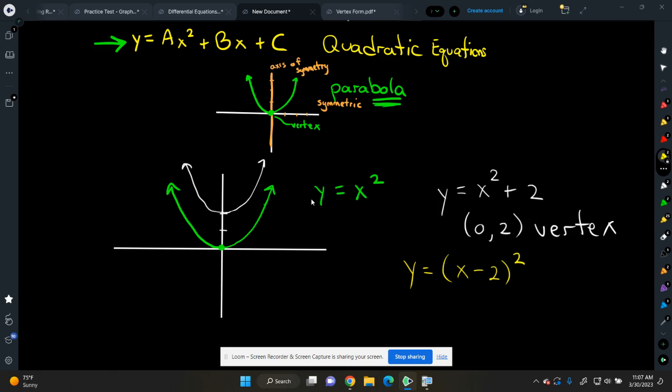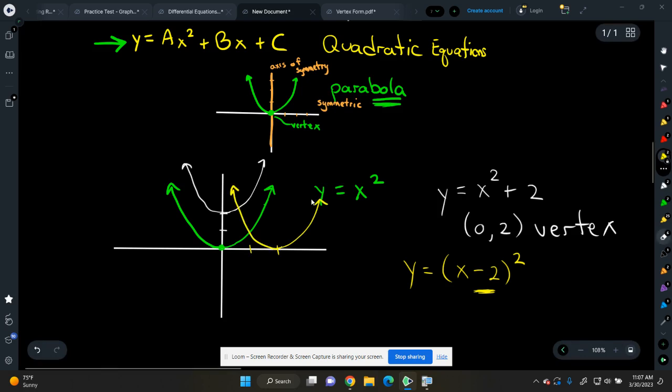Remember when we did the absolute value equations? And it's always the opposite of that. Later on, you'll learn why. But for now, just know that it's the opposite. So since this is negative 2, it's going to move 2 to the right.